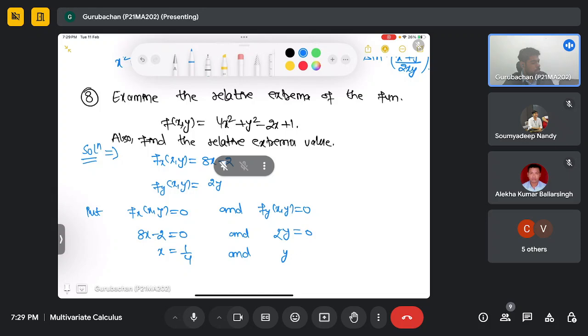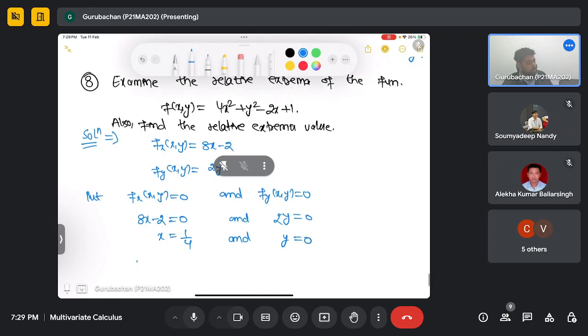Therefore y will be 0. Thus 1 by 4 comma 0 is a critical point of the function f.